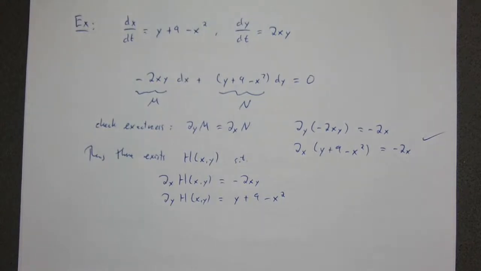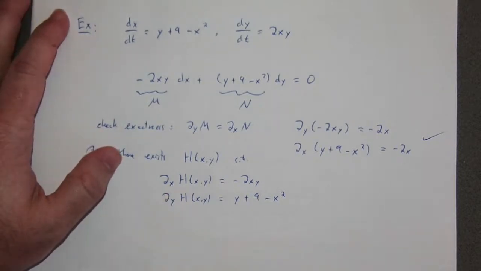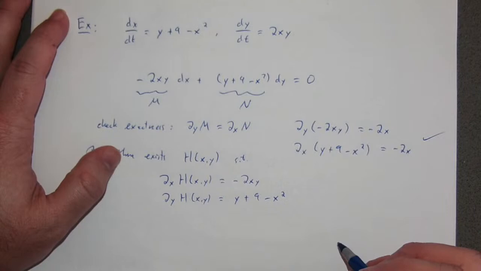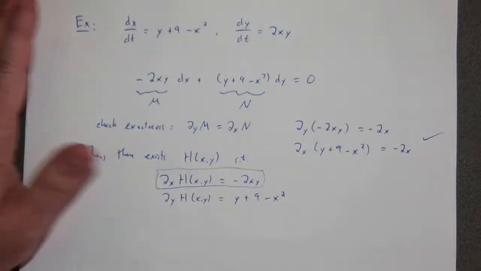Okay. Alright, so choose whatever you like here. How do you want to proceed? Well, I can start with either of these, it doesn't really matter. Let's start with this one just because it's shorter.